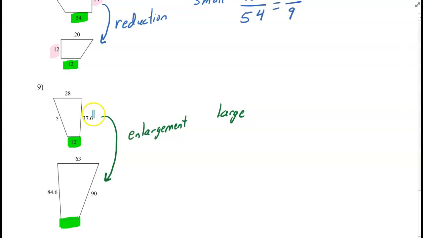The 37.6 goes with the 84.6. And the 28 goes with the 63. So since you want the larger number in the numerator, you could do 63 over 28. If you prefer, you could do 84.6 over 37.6. Either way, you'll get the scale factor.